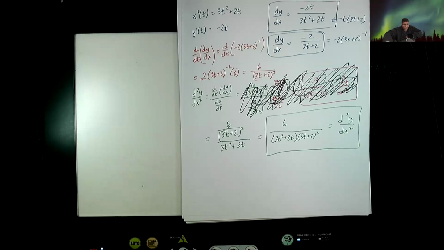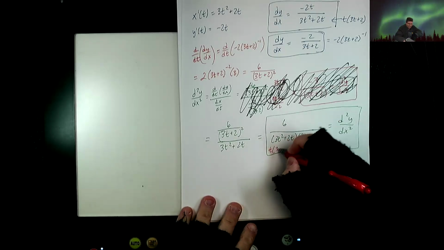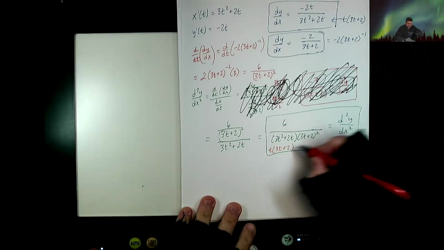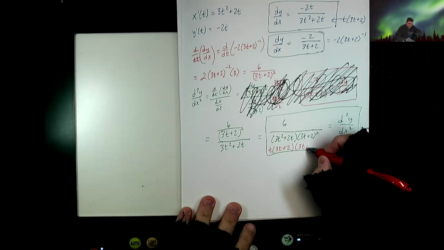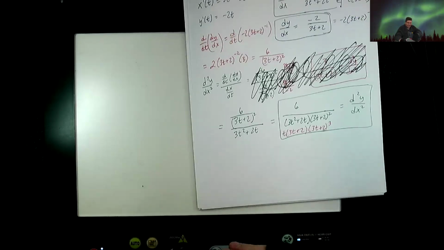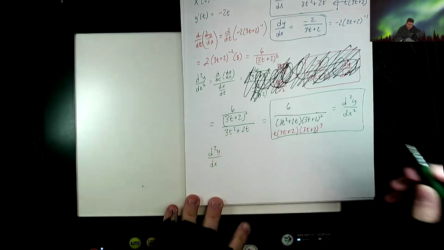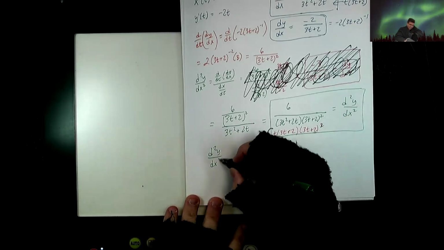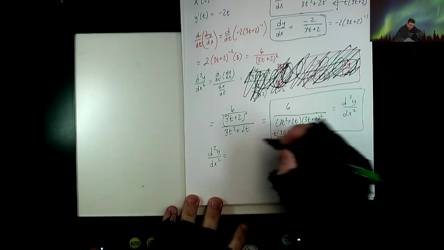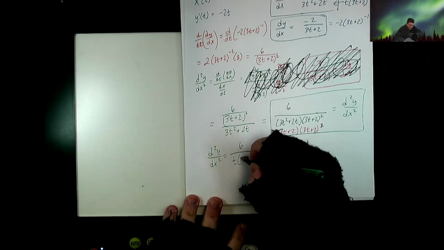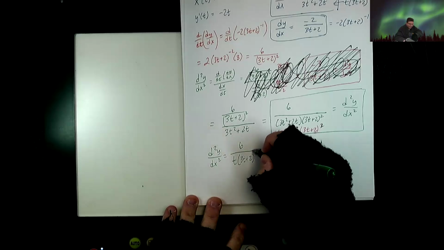Question for you. I could put, yeah, I could have a t times (3t plus 2). That does make it cleaner, doesn't it? Damn it. That's what happens when I don't work the problems out ahead of time. So when I clean it up, I've got 6 over t times (3t plus 2) cubed.